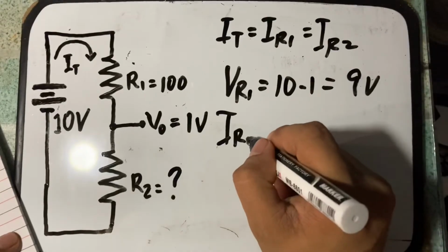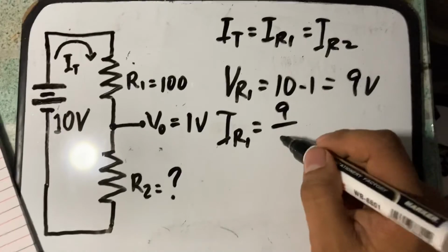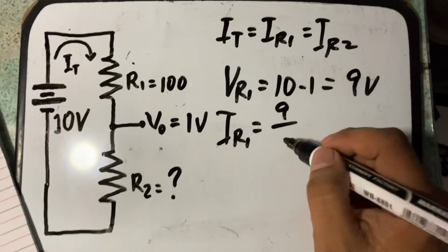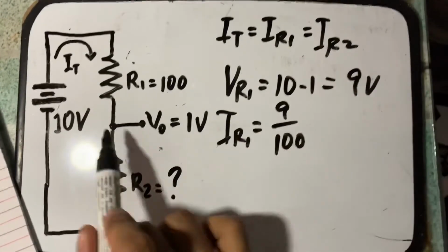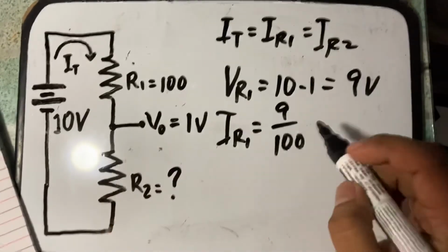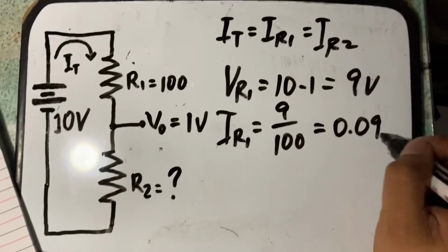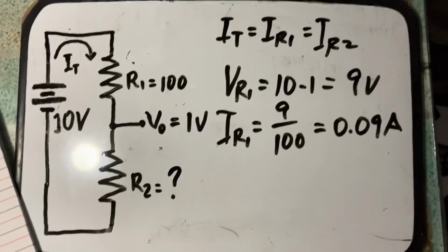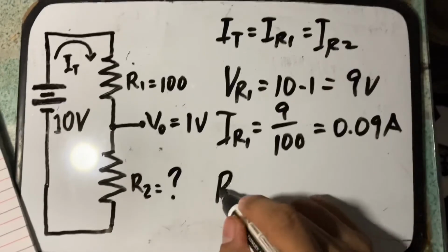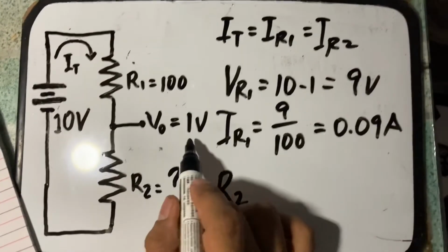So we can now compute for the current at R1, which is the voltage of R1 divided by resistance, which is 100. So that will be equal to 0.09 amperes. Now, we know na yung current sa R2, which is same as current sa R1.